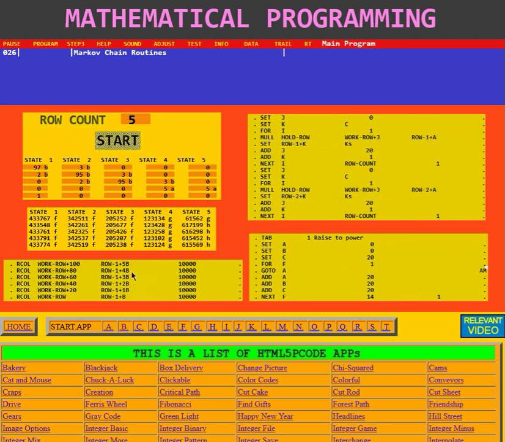Well, it needs to get the column data sequential. So it's going to use this action, rcol, which means change a column into a row. It's going to do it for all possible 12 rows.